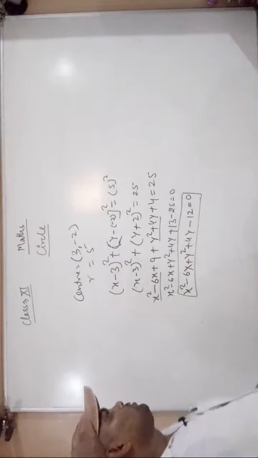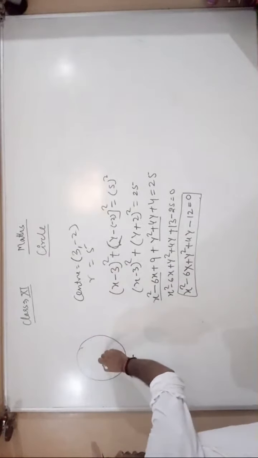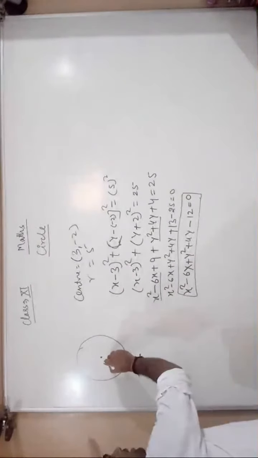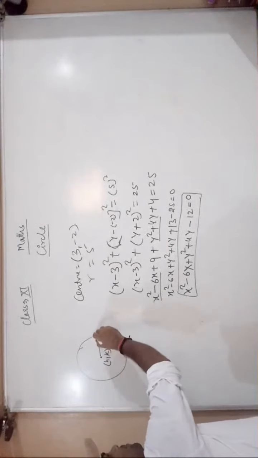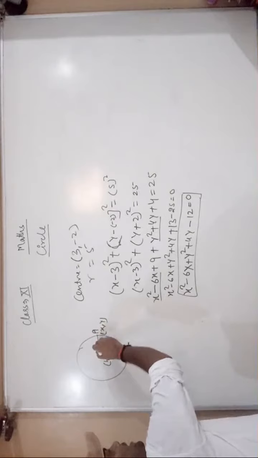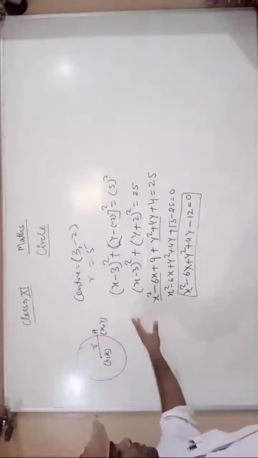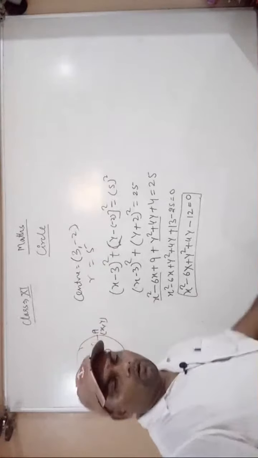Okay, so we have learned how to find the equation of a circle whose center is given, and any point on the circle is given, and radius. Three things are given: the center, the radius, and a point.